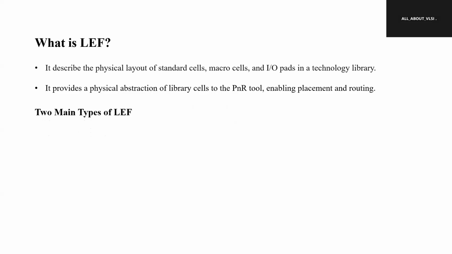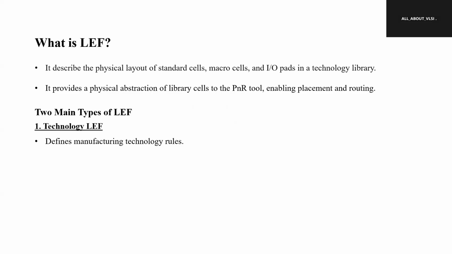So these are categorized into two types. First one is technology LEF, which means technology file, right? It contains the complete information of metal layers and wires, etc. This file is used in the fabrication process, when they are manufacturing layers; at that stage this file is used.